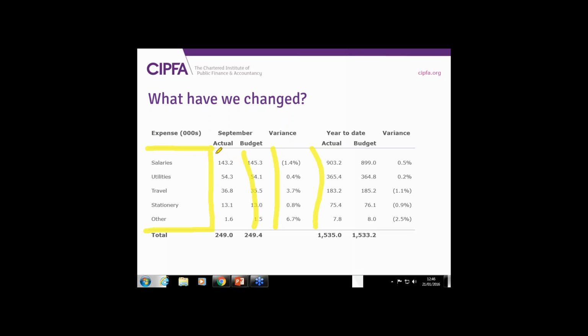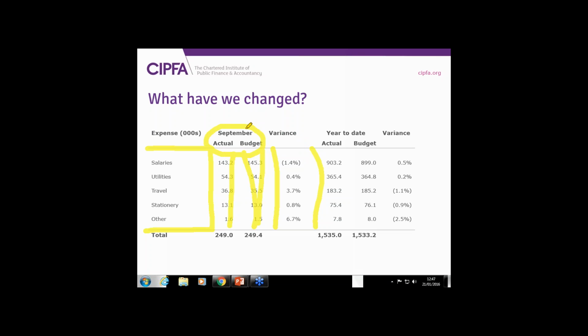I've also added a bit of white space, which is cosmetic, and I've right aligned the numbers so all the decimal places line up. Again, that's fairly cosmetic. The other thing I've done is I've reordered the columns. So I've put together numbers which I'm assuming we would want to compare.